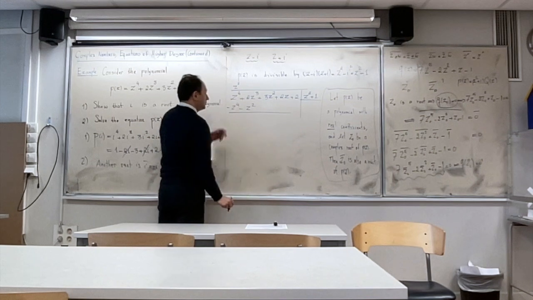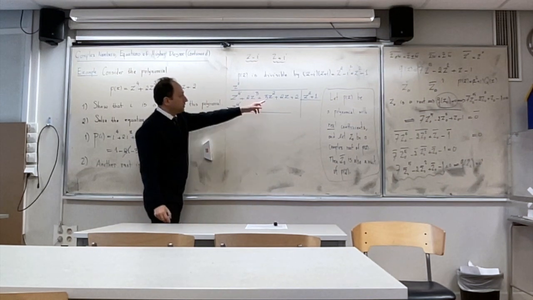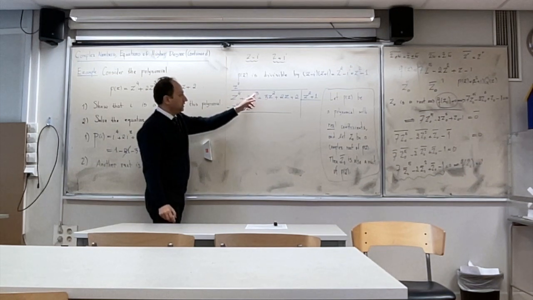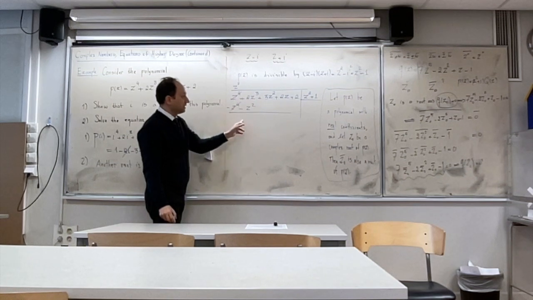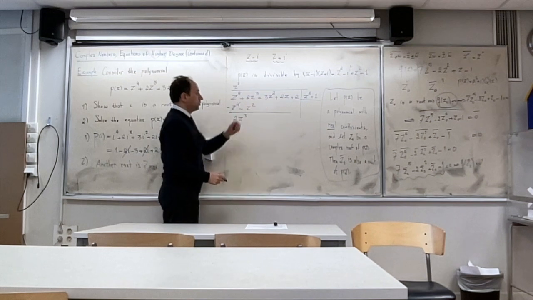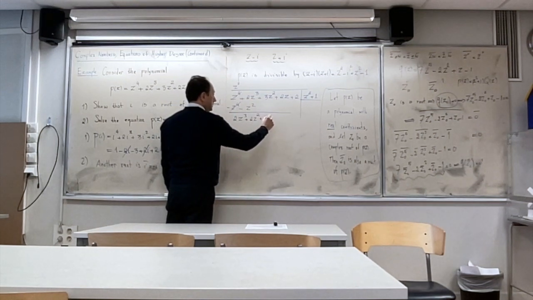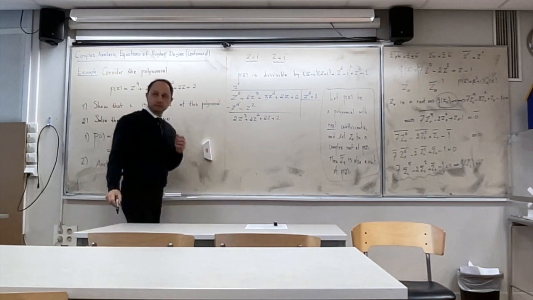Another important thing to be careful about: this minus z squared is similar to that one, so this is left alone, but because the degree is higher, you have to respect the order and bring this one first. But this one will be absorbed by that one, so I will get 2z squared. The leftovers are these two, I bring them down.